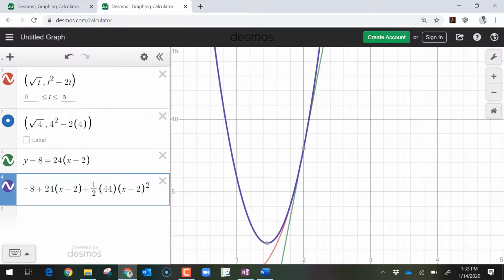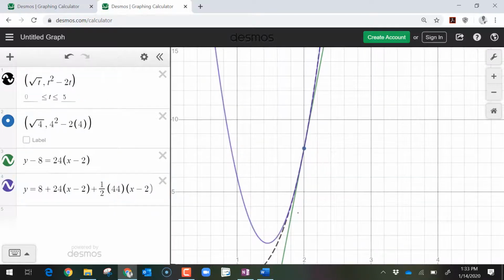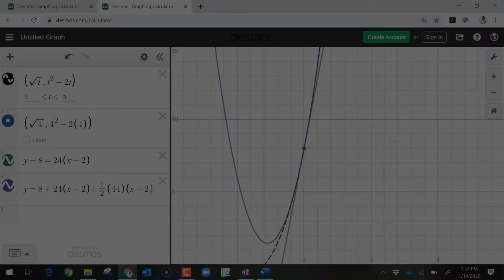So you can see, compared to where the graph is, the parabola is like the best tangent parabola approximation to the curve. Just like the tangent line is the best linear approximation, the second degree polynomial is the best quadratic approximation. So it looks like our 44 for our second derivative was fairly accurate. Okay, just a good way to view it. All right, cool. Let's take a picture of this and put it with our notes.